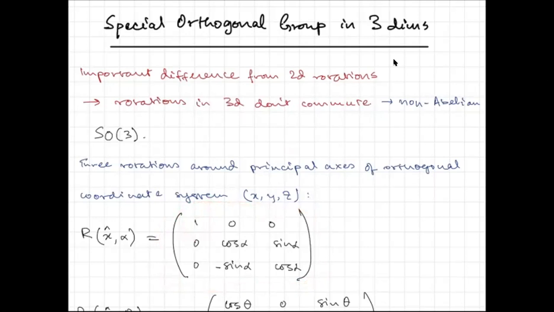As you can understand, this is a generalization of what you did last time around, saying that x primed is equal to x, but y primed is equal to y cos alpha plus z sine alpha, and z primed is going to be equal to minus y sine alpha plus z cos alpha.